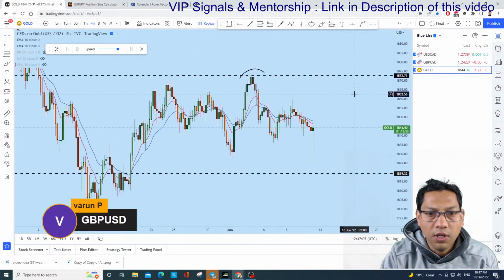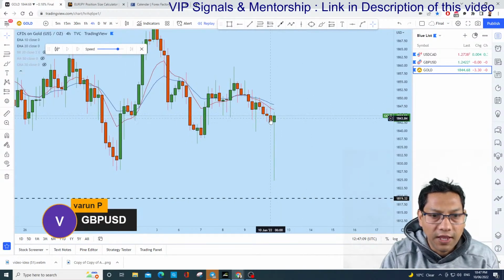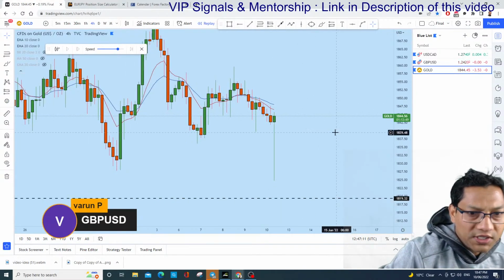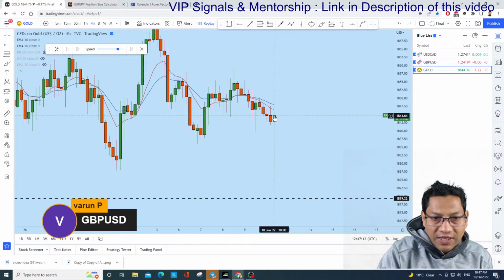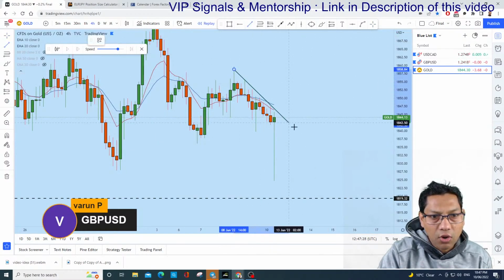Gold looks like there is a big rejection. Now let me tell you in what situation I will be trading. If gold, this current candle, either crosses the high or doesn't cross the high, if it remains within this trend line, even if it crosses and comes back down, that's a selling opportunity on gold.